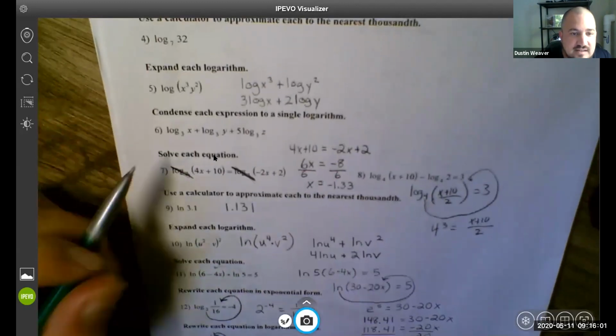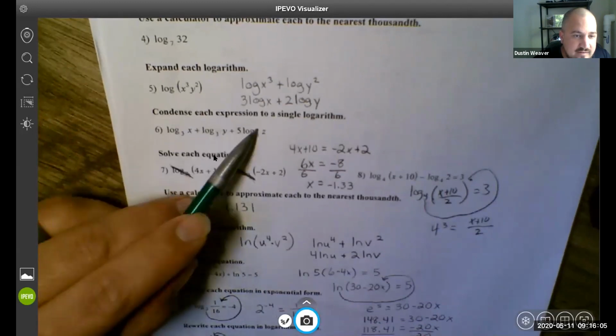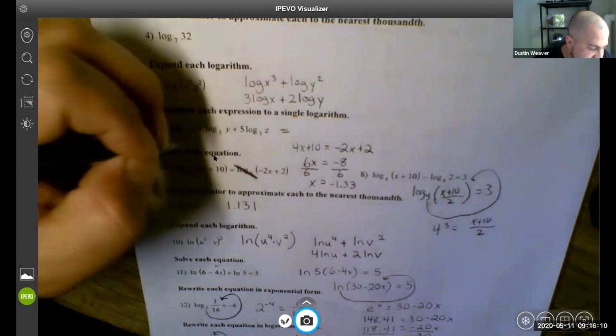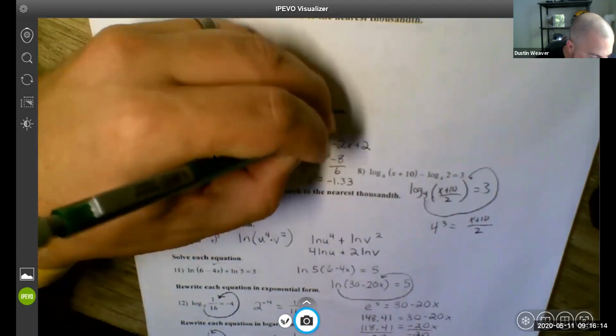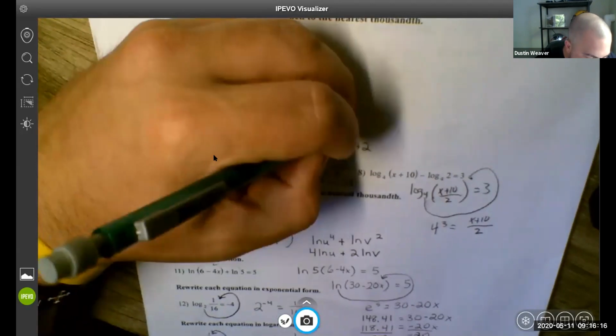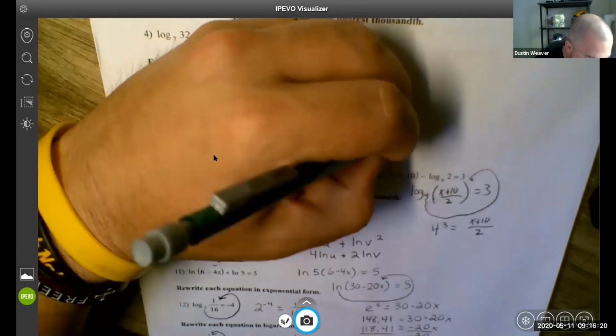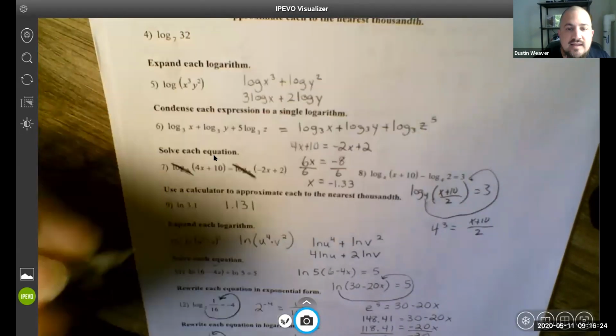Okay, somebody said number 6, condense this. So it's all adding. First of all, the first thing I would do to condense is take any numbers that are in front and move them to exponent. So log base 3 of x plus log base 3 of y plus log base 3 of z to the 5th.